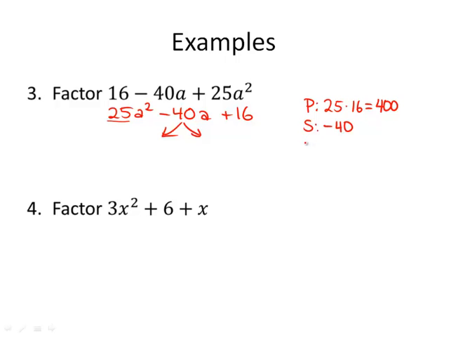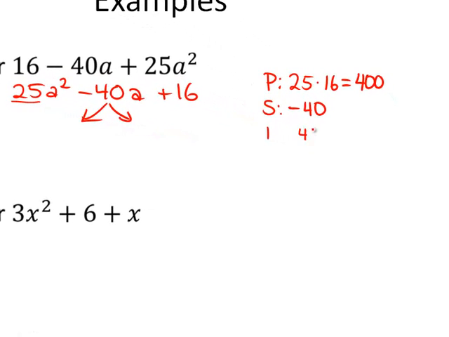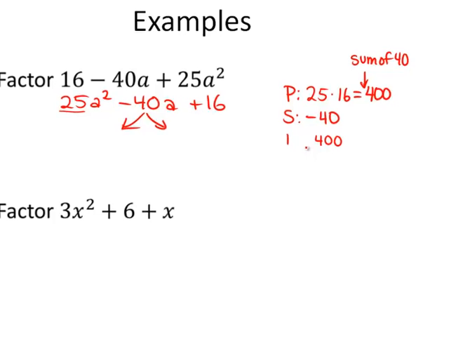If you're not sure right off the bat, you can go systematically and write out all the ways of multiplying to 400 until you see that because the product is positive, we're looking for a sum of 40. So two numbers that add up to 40.